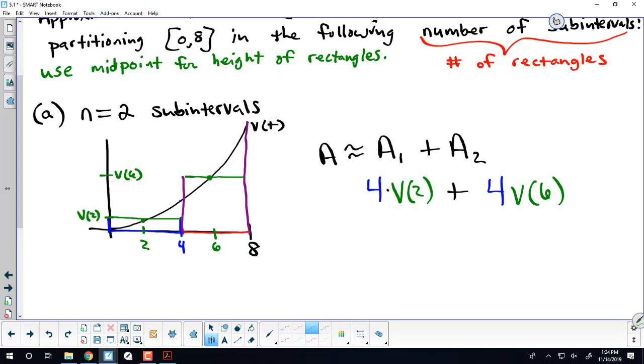Is everyone okay with that? Are there any questions or comments or clarity needed here? Is the second 4 from 4 to 8? Yeah, the second 4 is this 4 to 8, correct.